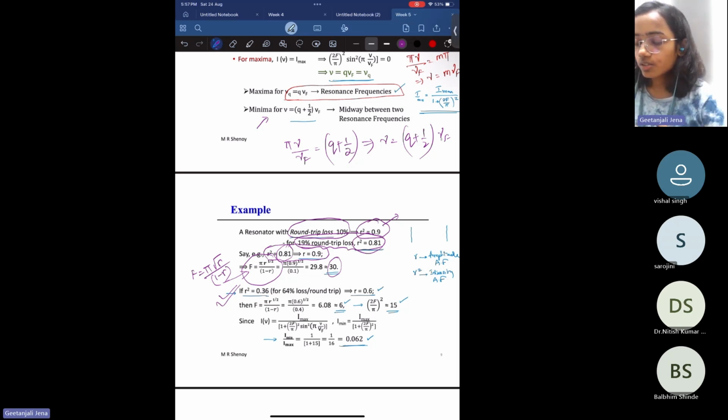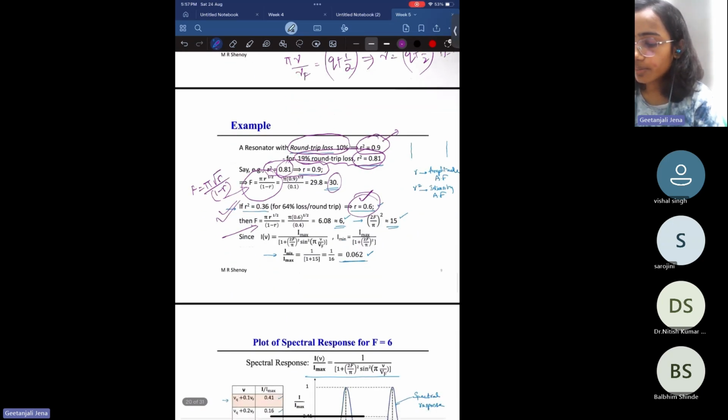If R square is 0.36, that is, the losses in a round trip is 64%. For this case, R is 0.6, and here you can also see R is not between 0.9 to 0.99. So use this formula F equal to pi root over R divided by 1 minus R to calculate the fineness.